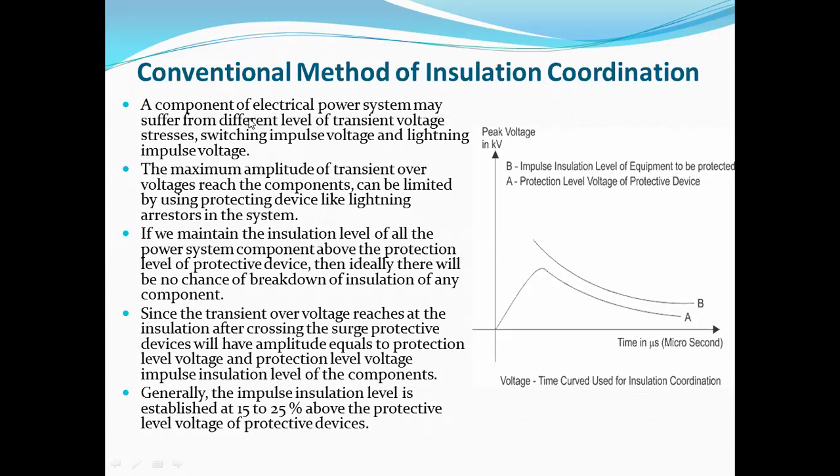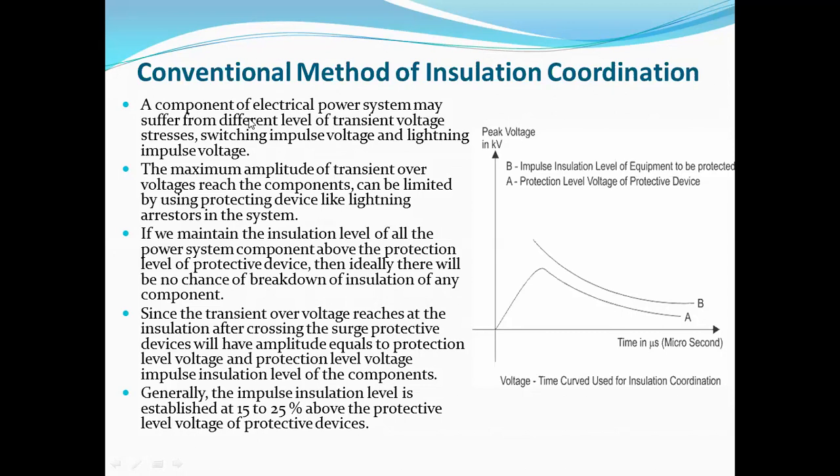Switching impulse means due to switching, the voltage sometimes gets increased, and lightning impulse voltage is also there, which is due to lightning strokes. Right, means these voltages are getting increased many times or frequently. So we have to protect that system or the equipment.